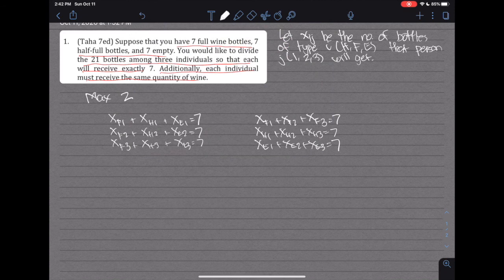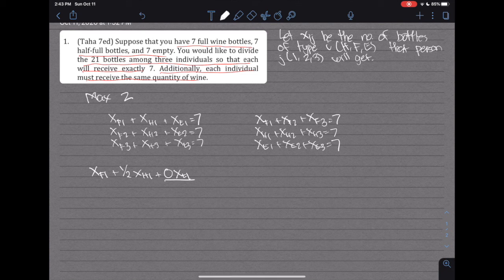So, to construct that, person 1 will get xf1, the amount of wine from full bottles, plus 1/2 xh1, the amount of wine he will get from half bottles, plus 0 xe1, the amount he will get from empty bottles.